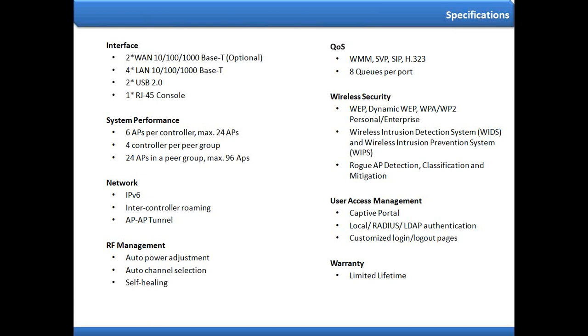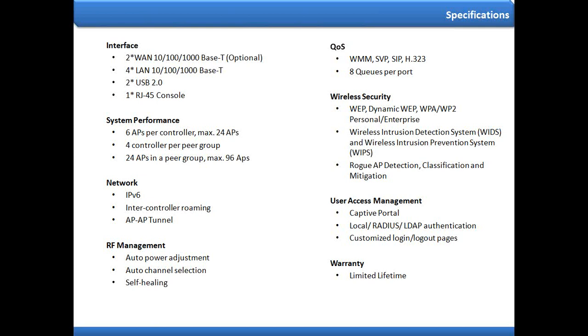In terms of performance, the DWC1000 supports 6 access points out of the box to a maximum of 24 access points. It also supports up to 4 controllers in a peer group, allowing you to manage up to 96 access points total.